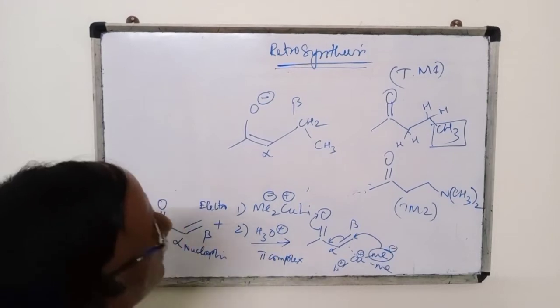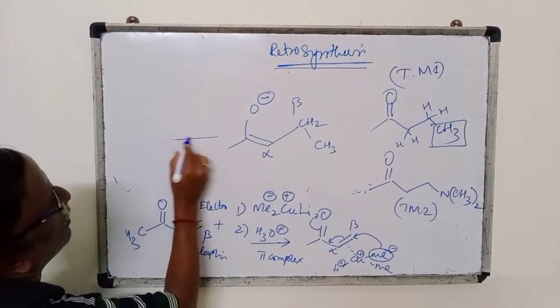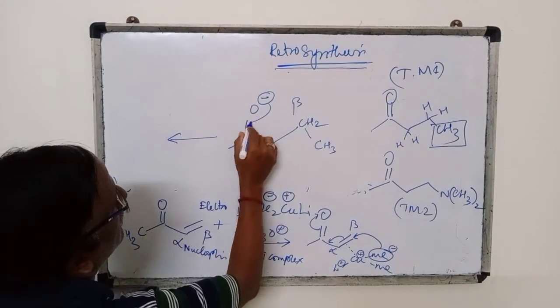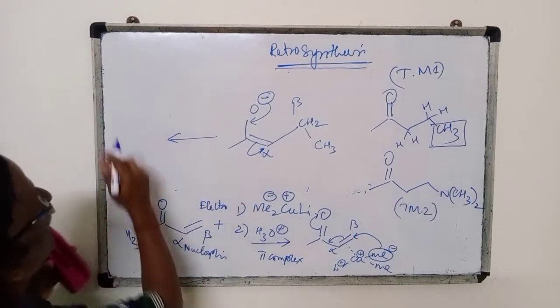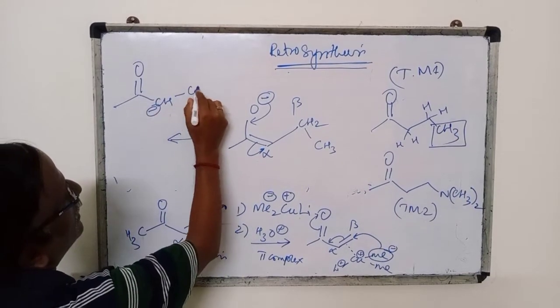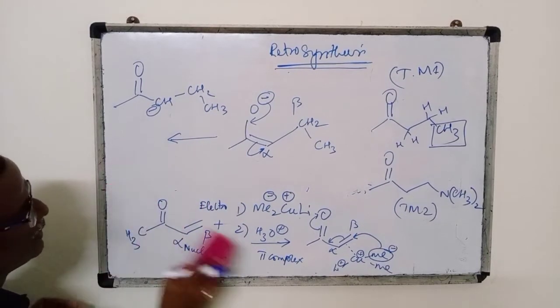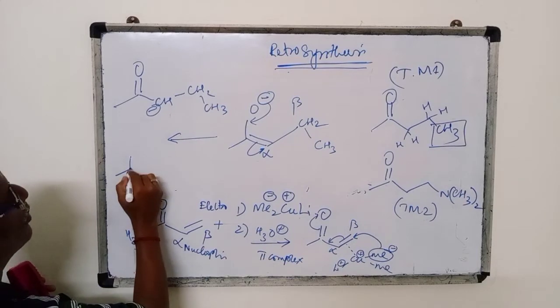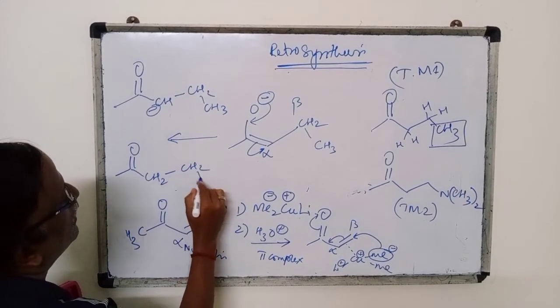The nucleophile gets added, and this becomes a negative charge. The next step is very simple: it forms a CH minus CH2CH3, which takes up a proton from the solvent to form a neutral molecule. That is nothing but your CH2CH2CH3.